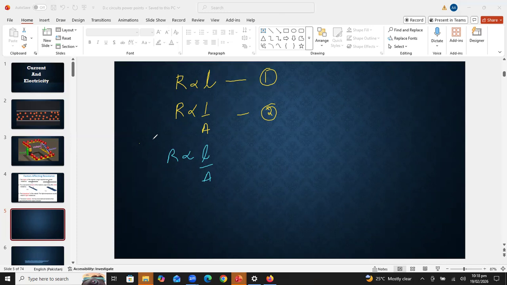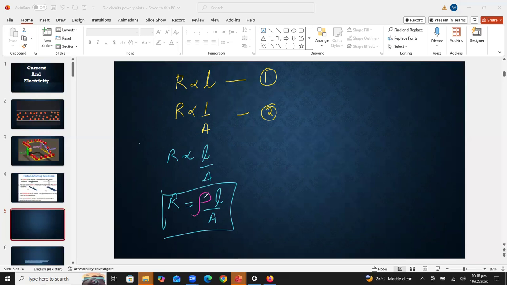Now students, we will remove the proportionality sign. If we remove the proportionality sign, we have to use a constant here. Which constant will we use? I am using a constant called rho, and all the other variables will remain the same, like length and area.